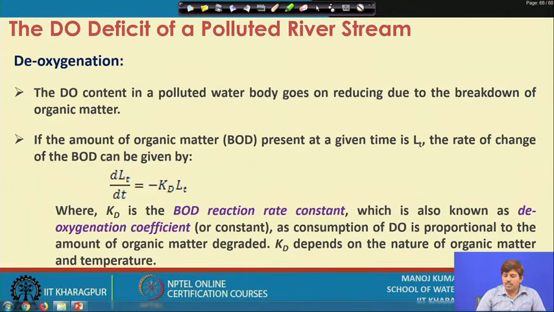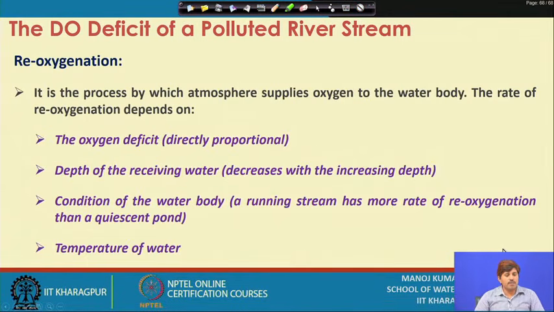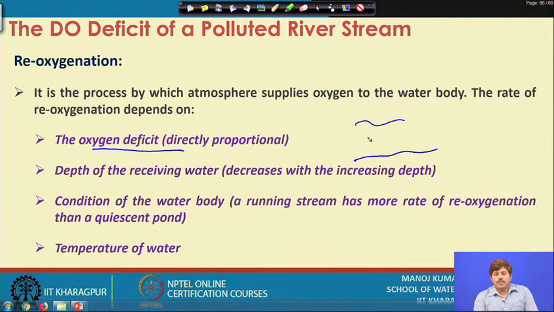So, that is the deoxygenation part, and then we have the re-oxygenation part, which is a process by which the atmosphere supplies oxygen to the water body, and its rate will depend on the oxygen deficit. So, it is typically proportional to the deficit of oxygen, because if you have a river where, let us say, your saturation dissolved oxygen is 9, okay, 9 is your saturation value, and your existing DO is 8 milligram per liter, so your DO deficit is 1.